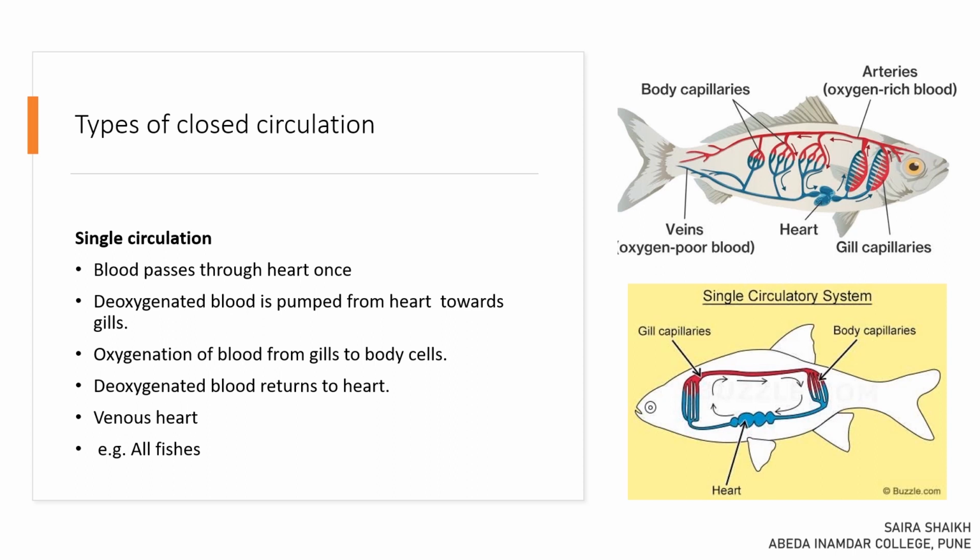So the blood coming from the cells is always deoxygenated, and it reaches the heart. So the blood returned to the heart is always the deoxygenated one. And as the heart has deoxygenated blood, the heart is also termed a venous heart.